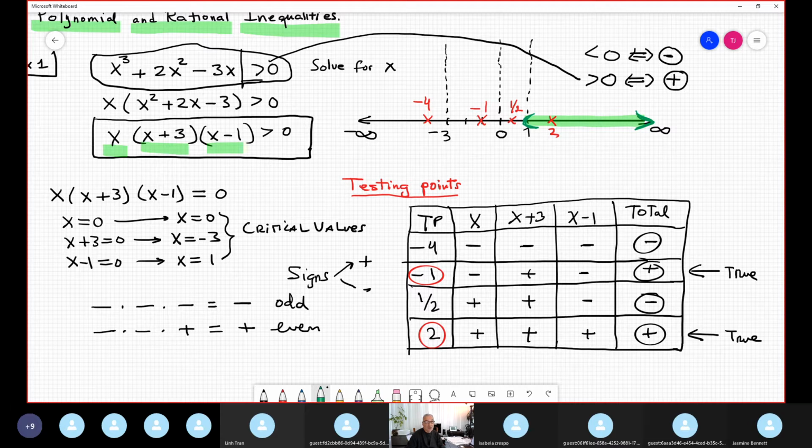Because this inequality we are working is a strict inequality. I have no equal sign here. See, if we have equal sign here, then this problem is a combination of inequality and equation, and the 0, the critical value, participates inside the solution. But no, professor, don't change the problem again. Okay, this is a strict inequality and not include the endpoint.